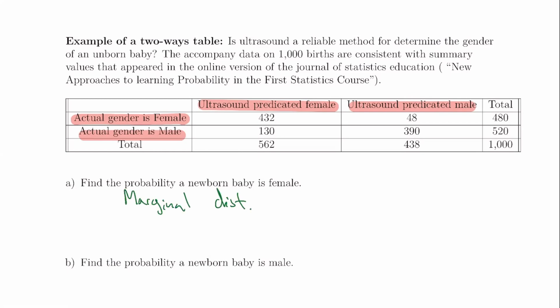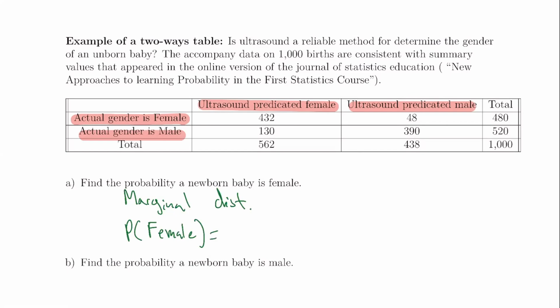It is asking what is the probability that the baby is female. We don't know the likelihood of this occurring, so it's telling us to find it. So this one should be a marginal distribution. We're going to find the probability this baby comes out to be female.